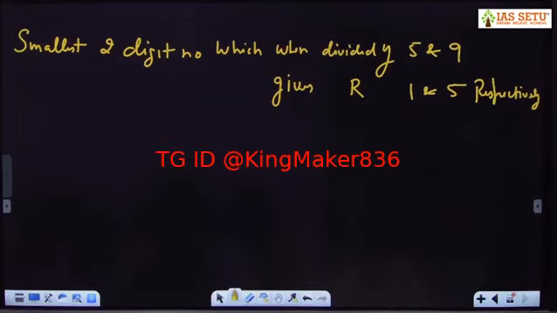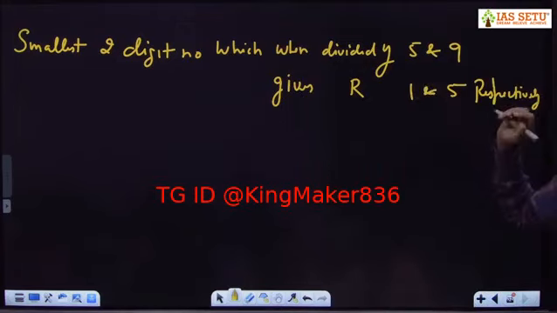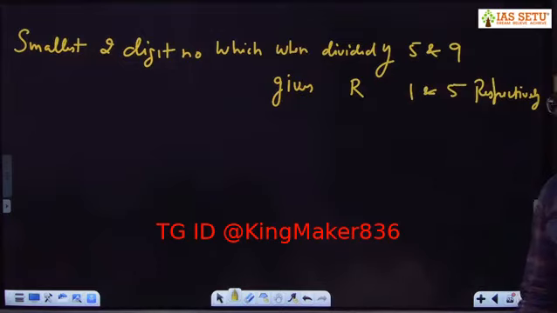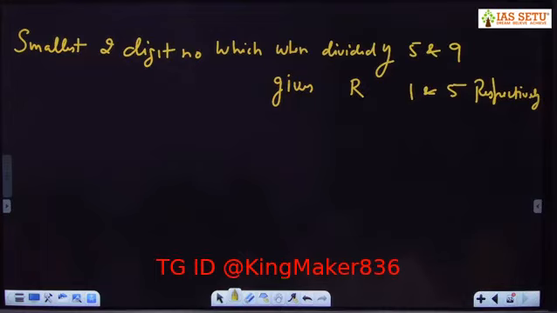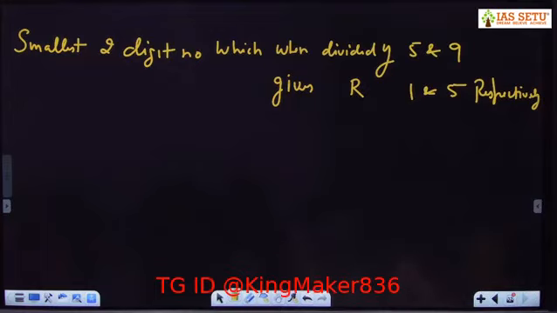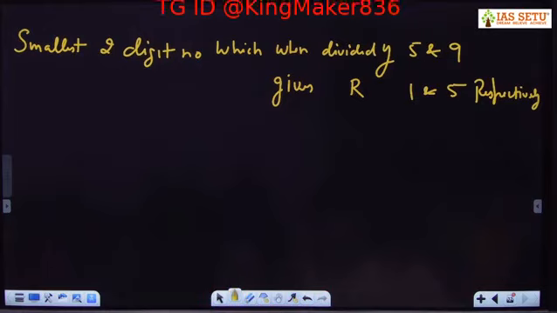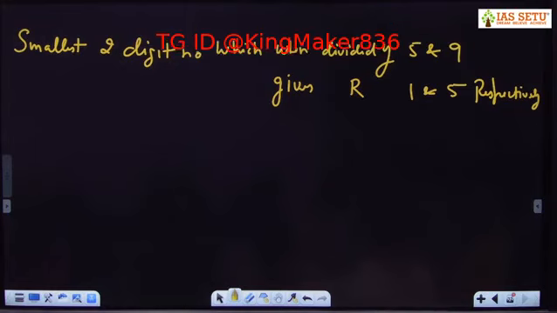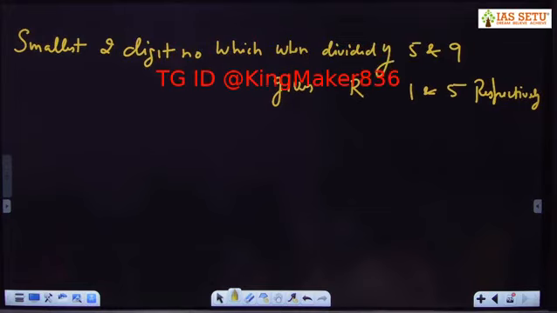So you have to tell me 2-digit number which when you divide by 5 get a remainder 1, and same number when you divide by 9 you get remainder 5. Right. I repeat, smallest 2-digit number when divided by 5 and 9 gives remainder 1 and 5 respectively. Meaning same number which when you divide by 5 you get a remainder 1, same number when you divide by 9 you get remainder 5.